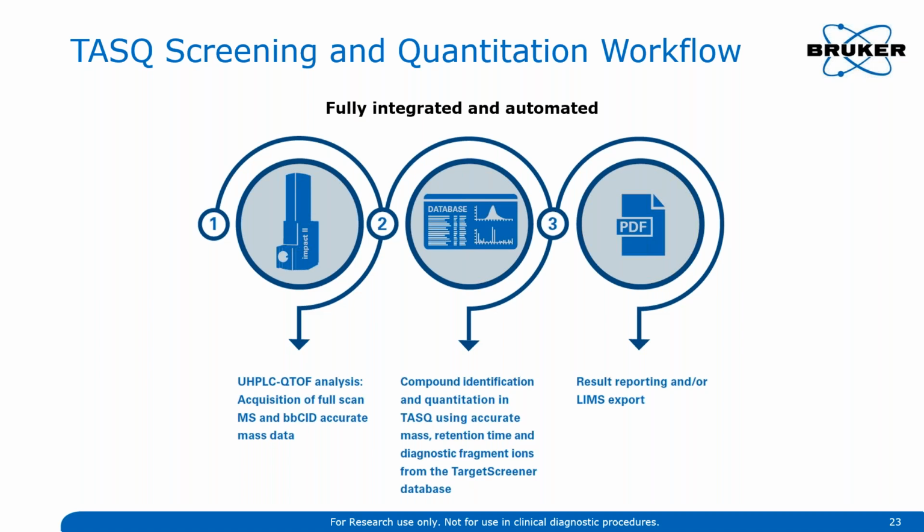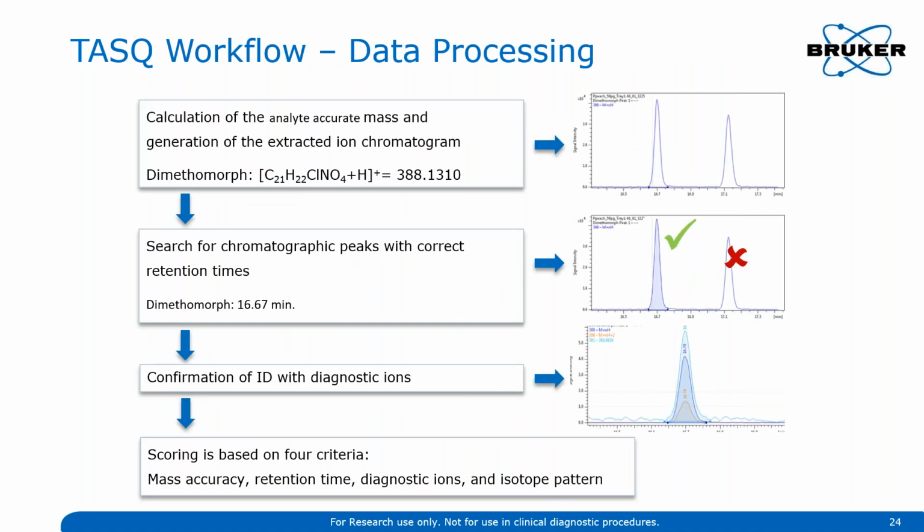So we just discussed the data acquisition and compound identification. And next, we will look into TASQ data processing in some more detail. The data processing starts with automatic calculation of exact masses for target analytes based on their chemical formulas. And of course, chemical formulas come from the database. Then ion chromatograms are extracted for these exact masses. Then the system checks for the presence of any peaks in these extracted chromatograms.